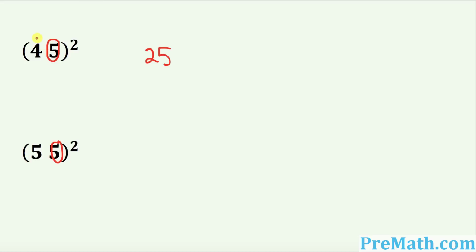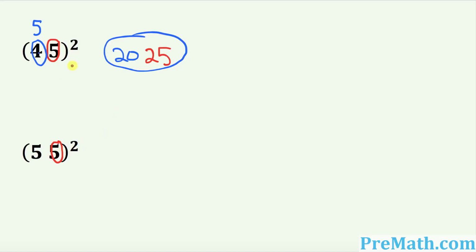And then look at the left hand side number, which is 4. What comes after 4? The next number is 5. Multiply 5 times 4, which is 20. So 2025 is your complete answer.